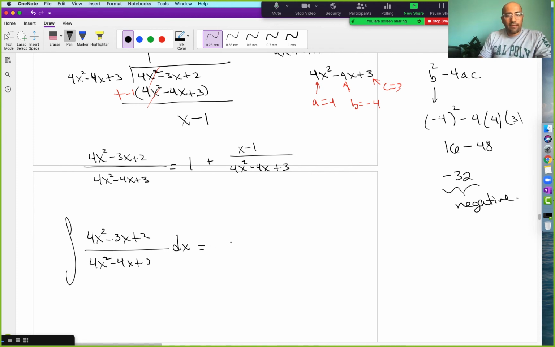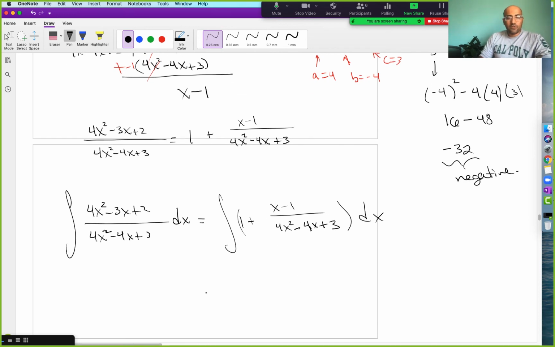So we know that this is going to be equivalent to 1 plus x minus 1 all over 4x squared minus 4x plus 3. Thanks to my work over here, I know that this doesn't factor any further without slipping into the imaginary number side, complex numbers, which we don't want to do. So we've at least managed to change it from this ugly thing into this.